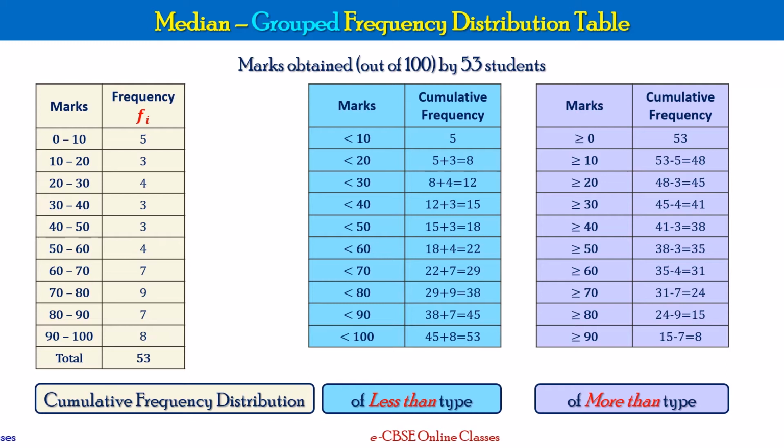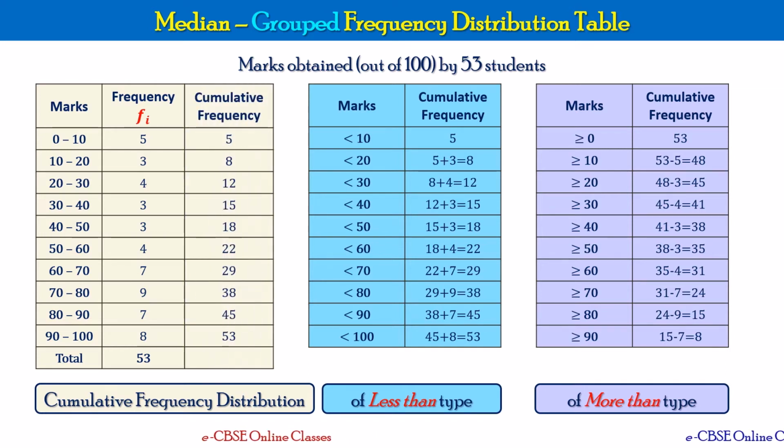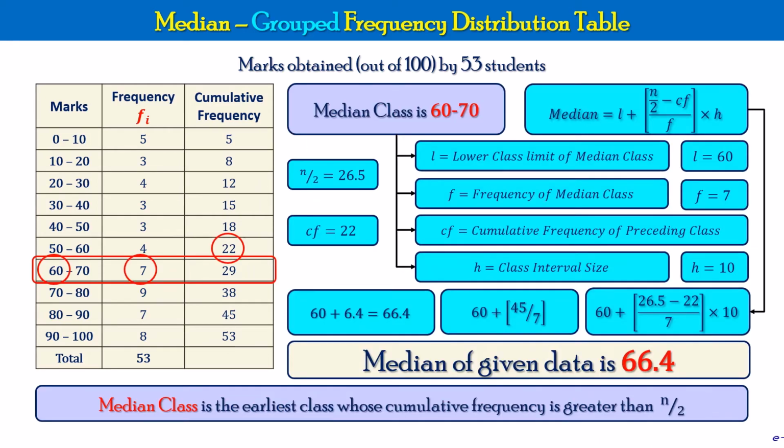Then we populated the data of cumulative frequency distribution of less than type in a third column in the original table and used that to calculate the median of the class using the formula median is equal to L plus n by 2 minus Cf divided by f multiplied by h. The value of median that we have obtained using this procedure is 66.4.